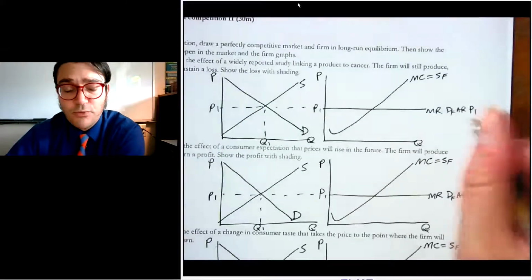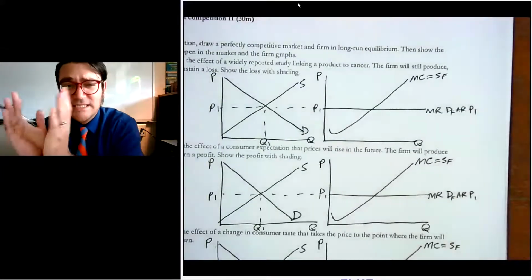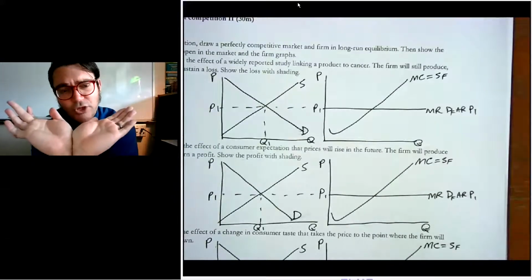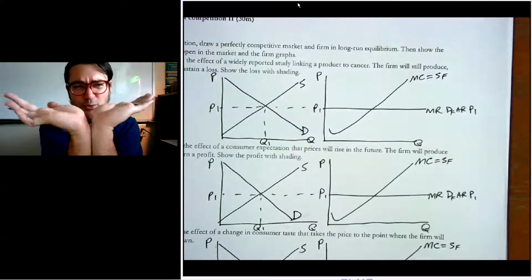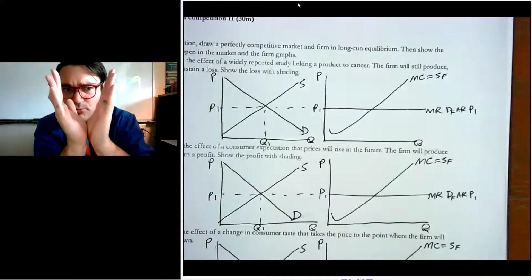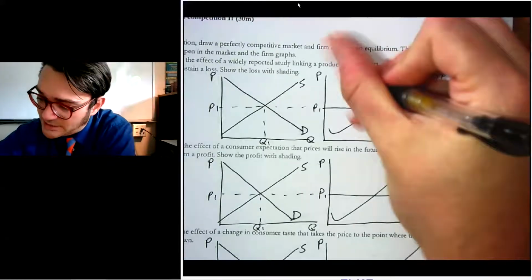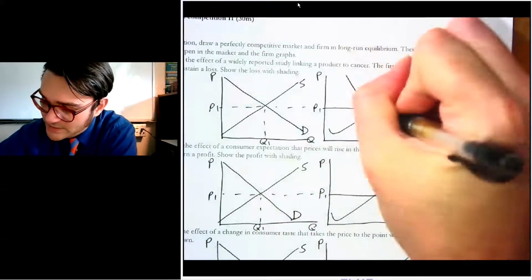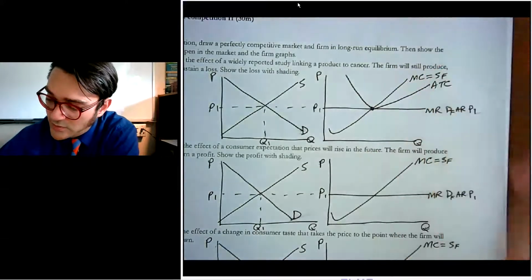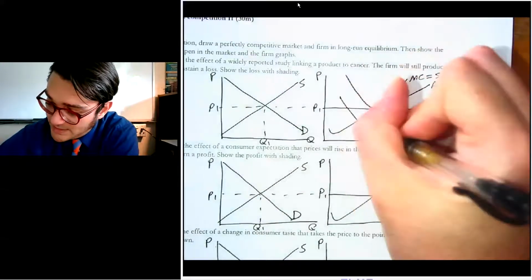I'm going to tell you right off the bat that it's easier if your ATCs and your AVCs are much more like a V than a really wide U. If you make them really wide like this, it's not going to be easy to draw. So make them really, really steep lines, and it'll be a lot easier. There's nothing wrong with having really steep lines here.